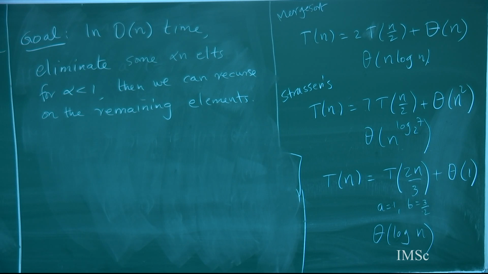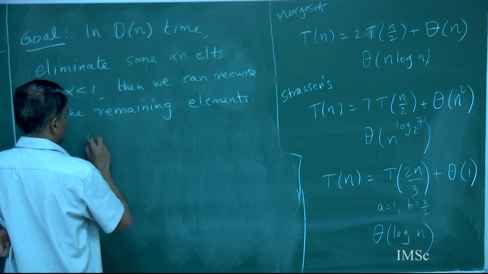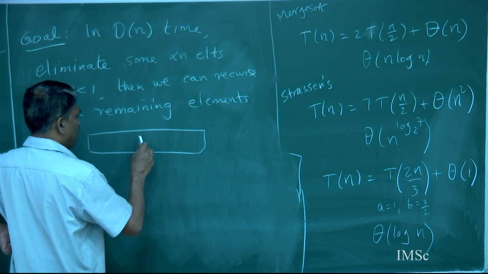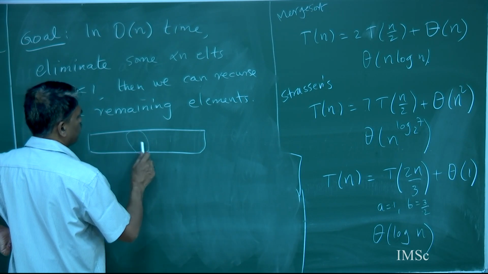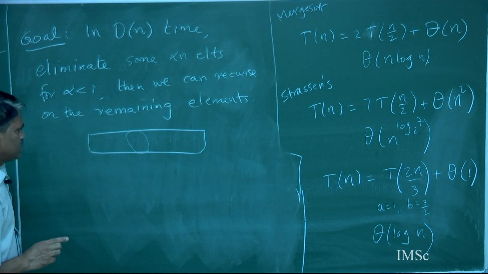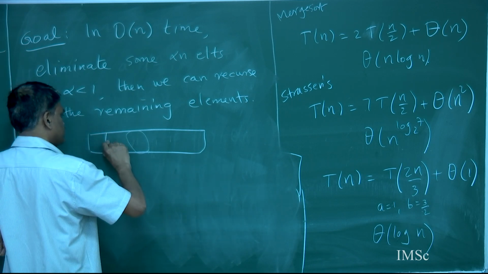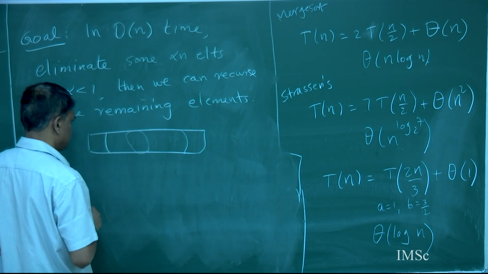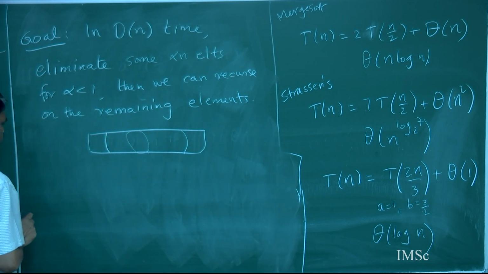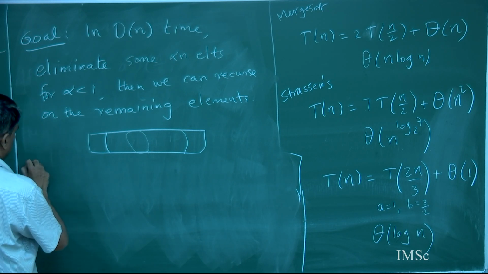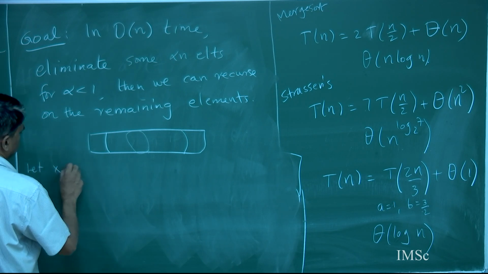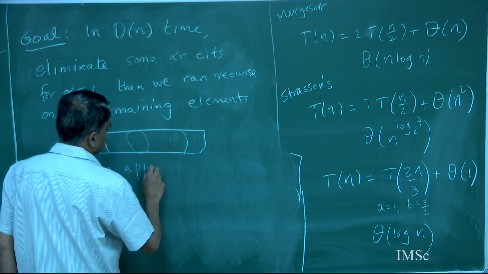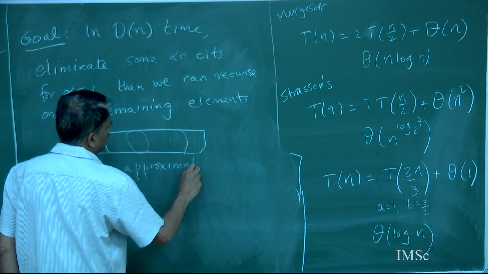So what does that mean? Let's say I have n elements, and I am after an element which is going to occupy the middle. Let's call it an approximate median. What do I mean by approximate median?